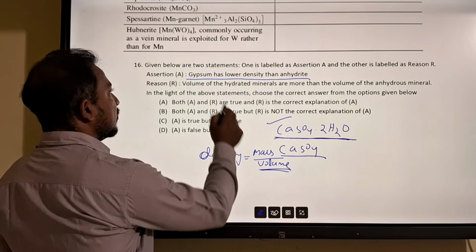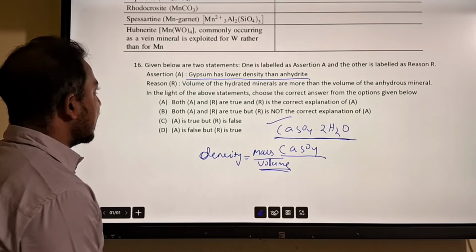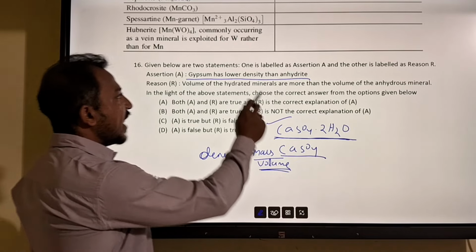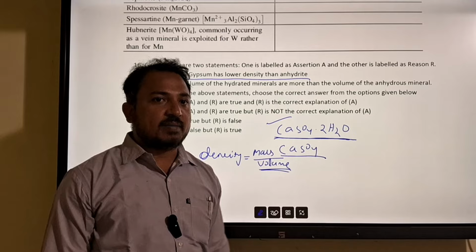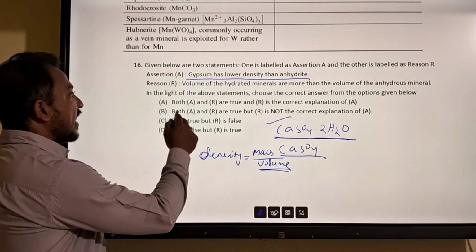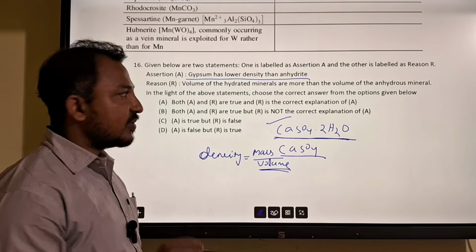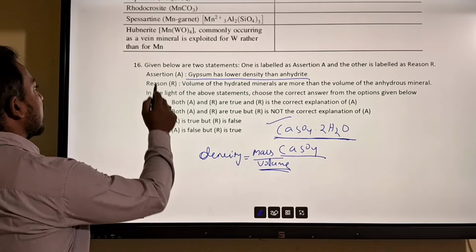That's why it has a lower density than anhydrite, the reason being that the volume of the hydrated mineral is more than the volume of the anhydrous mineral. So both A and R are true and R is the correct explanation of A. So the answer will be A.